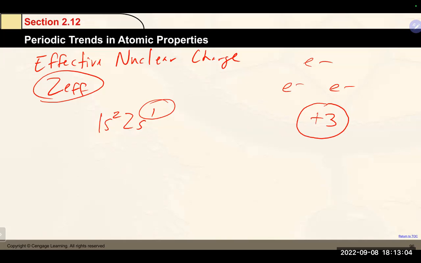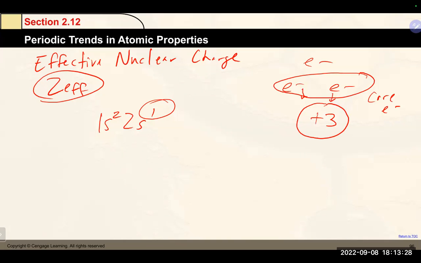So the lower electrons, which are our core electrons, are much closer to the nucleus, and they feel pretty much the full brunt of the +3 attraction from that nucleus. That means they are pulled in pretty tight, and held really, really tight because of that.